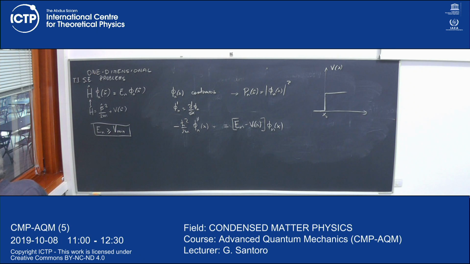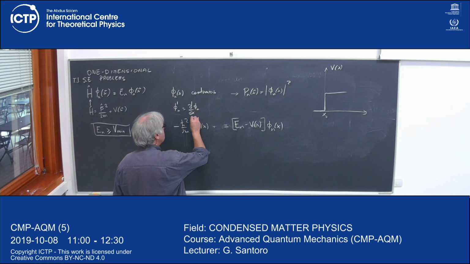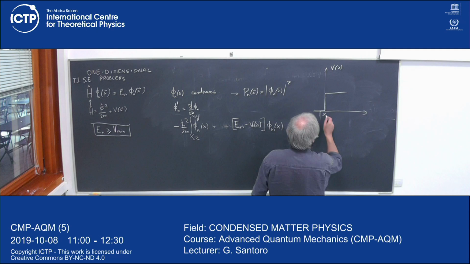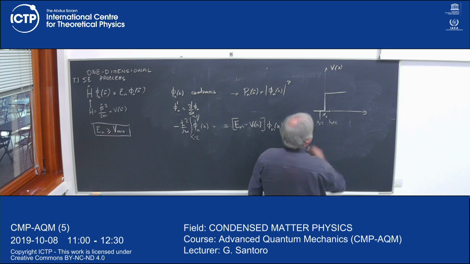Now, I do the following trick. I integrate this object between x0 minus epsilon and x0 plus epsilon, where epsilon is a small quantity. So you decide here a small interval. This is x0 minus epsilon, and this is x0 plus epsilon.